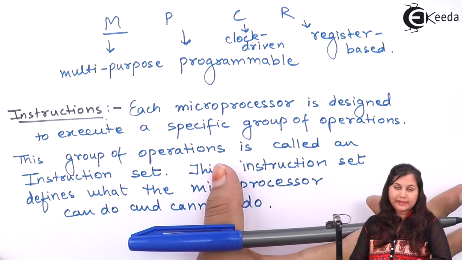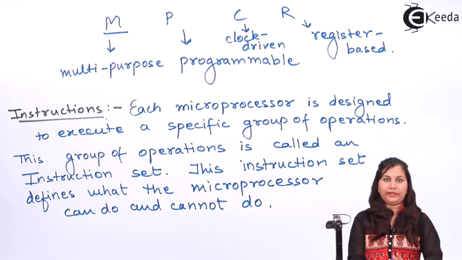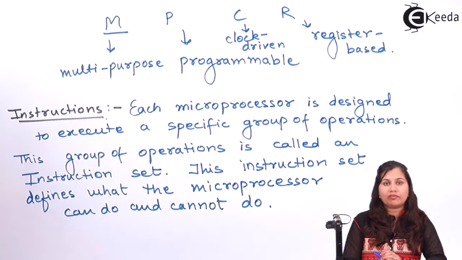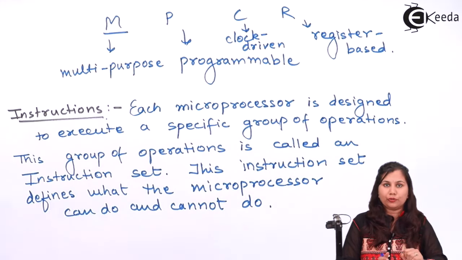Now, each microprocessor is designed to execute a specific group of operations, because microprocessors are used in various types of applications. So each microprocessor is designed to perform a specific kind of operation, or it can be used in a specific application only.